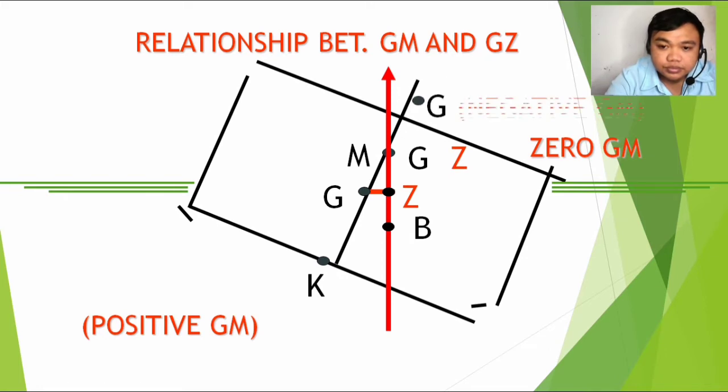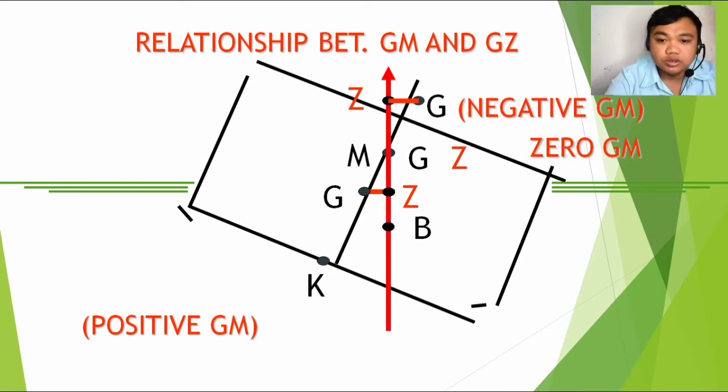If we will have a negative GM, then we will also have a negative GZ. So which means that the relationship between GM and GZ is proportional to each other.